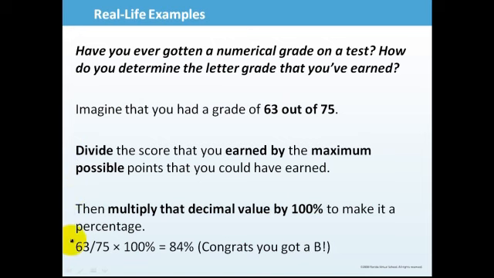So 63 divided by 75 times 100 equals 84%. That tells us we got a B on that assignment.